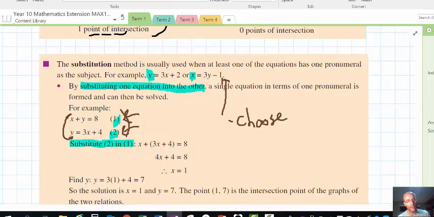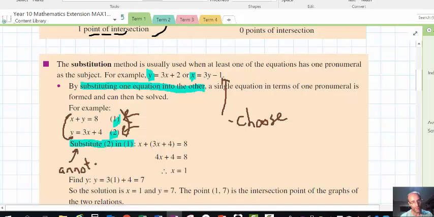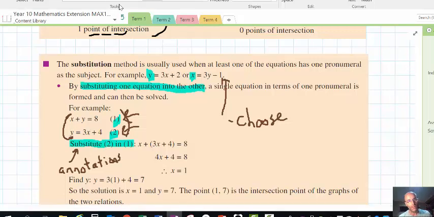Always write down your annotations, your steps. Explain to your reader what you are doing. You should always do that. It's good setting out. So what we're doing is putting this equation into this equation.